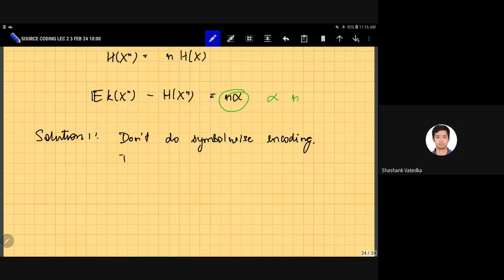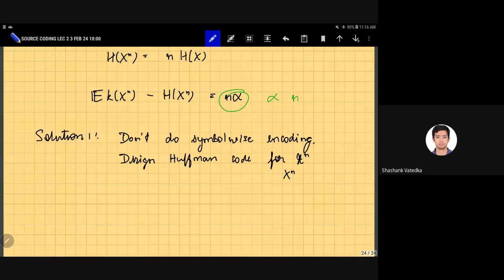You instead design a Huffman code for xn.